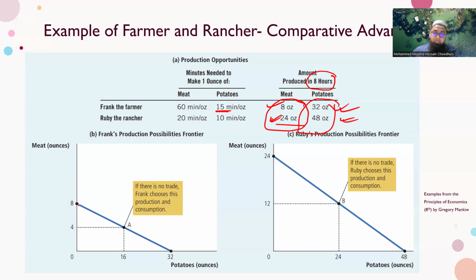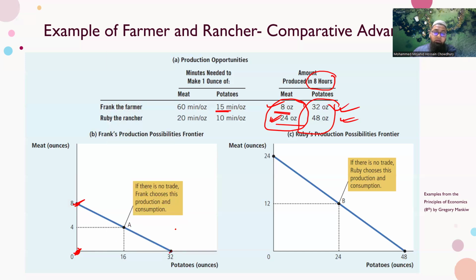If Frank produces zero potatoes, he will come up with 8 ounces of meat. On the other hand, if he produces zero meat, he comes up with 32 ounces of potatoes.